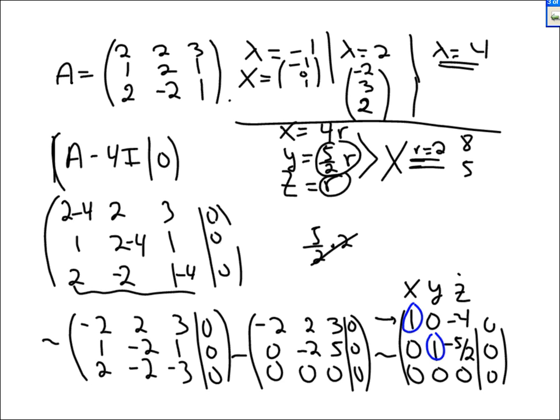And r is 2. So there it is: 8, 5, 2. Had 3 eigenvalues, I found their corresponding eigenvectors.